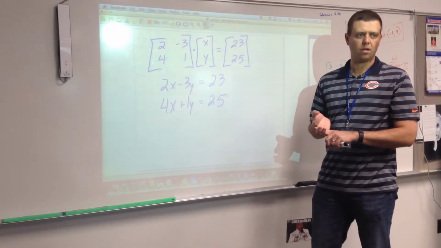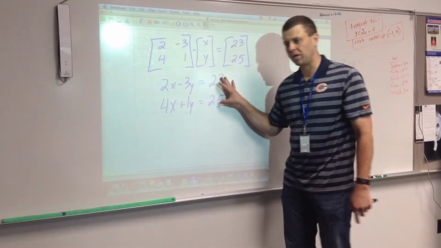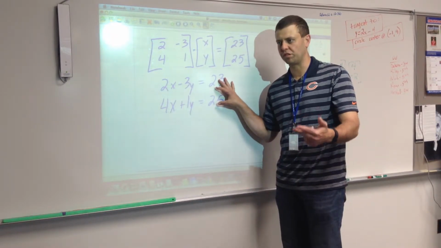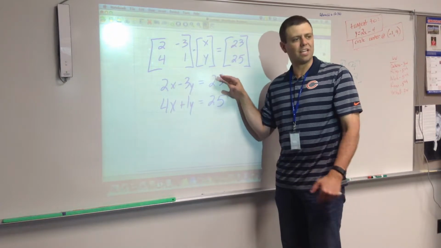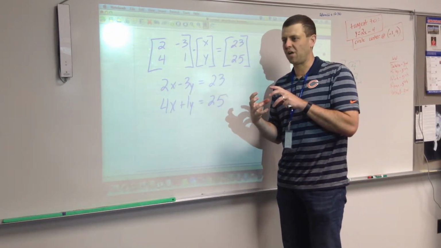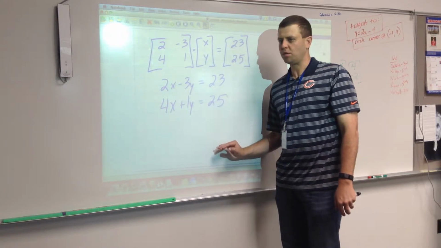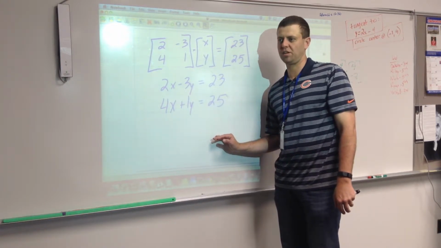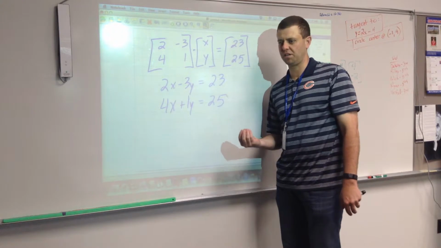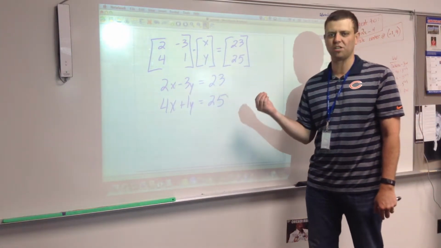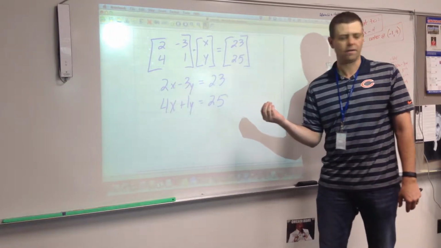Well, I agree. For a simple one like this, you probably would just use graphing, substitution, or elimination. Let's say all of a sudden our system of equations now had 4 equations with 4 different variables in it. You don't want to use substitution or elimination. It will take 2 sheets of paper to get that done probably. So that's why I'm going to teach you how to do it with matrices, because I think you'll like it. It's pretty slick. Okay?